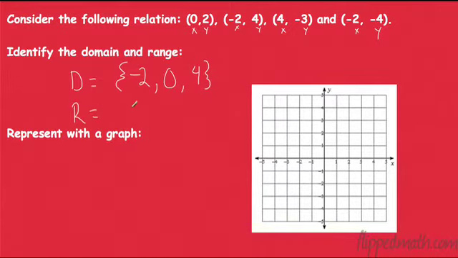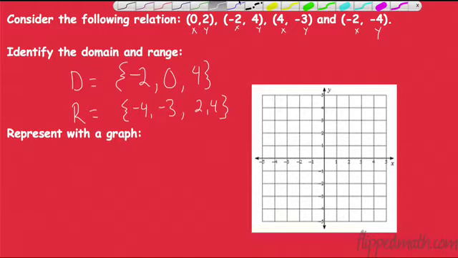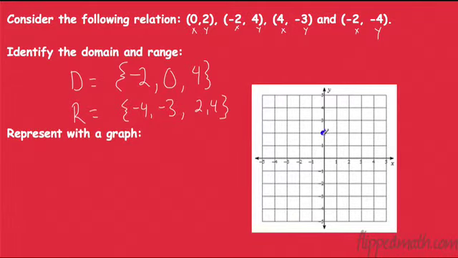Let's take a look at our range. What would our range be? Let's see, we have 2, 4, -4 is the lowest, then -3, and 2, and 4. All right, so that is our domain and our range. We could then, of course, plot these as points. 0, 2, 0 over 2 up.